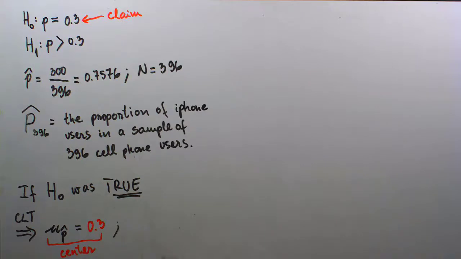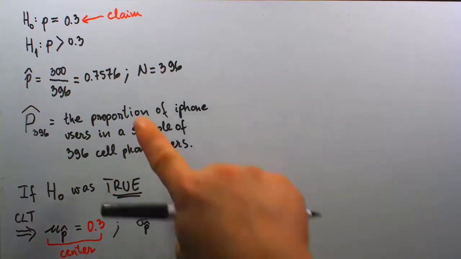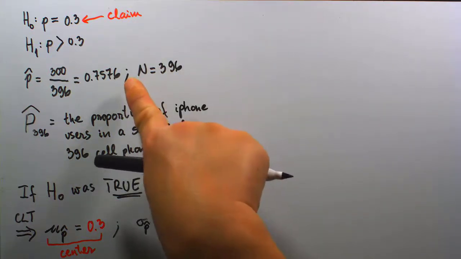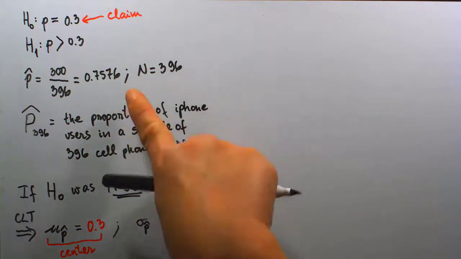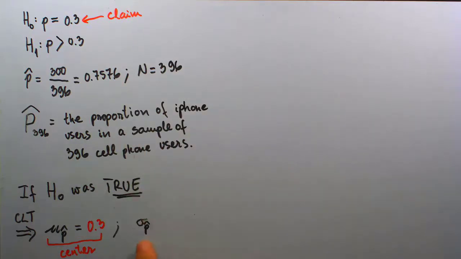And that's why standard deviation is the average of spreading, the average of how all sample proportion values deviate away from this center.